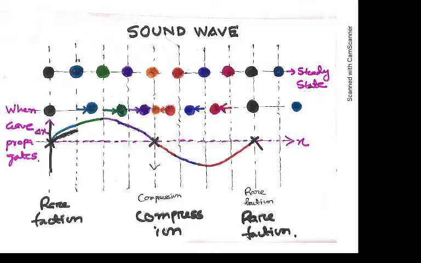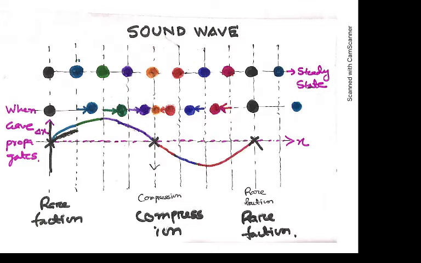So in this way, at this instant of time when the sound wave propagates, there is a compression region which is surrounded by two rarefaction regions. Once this cycle is completed, the compression region will be converted to the rarefaction region, and the rarefaction region will be converted to the compression region.